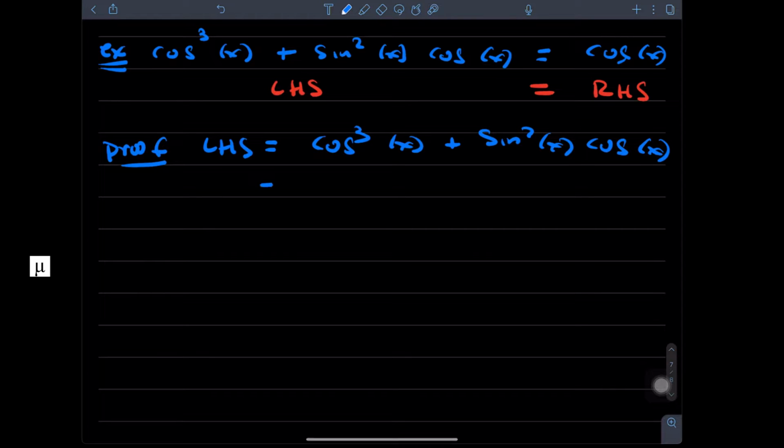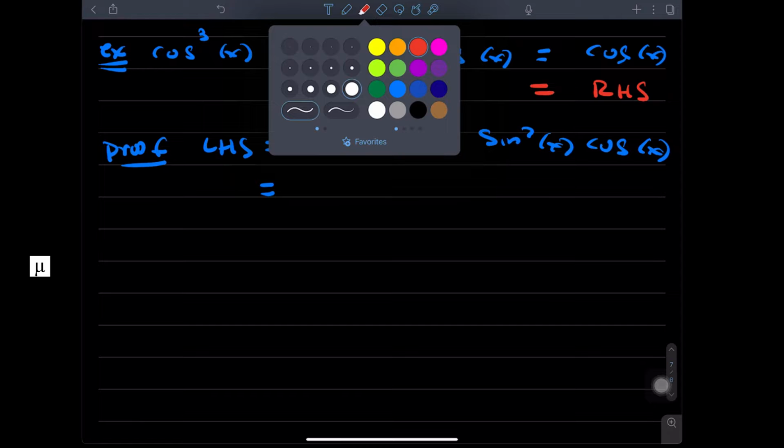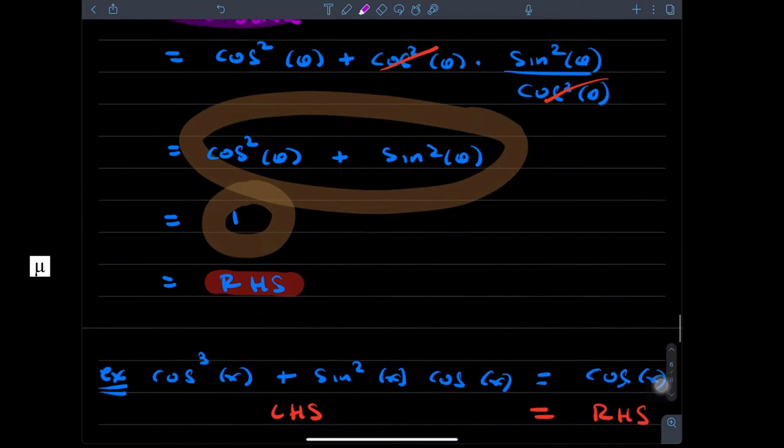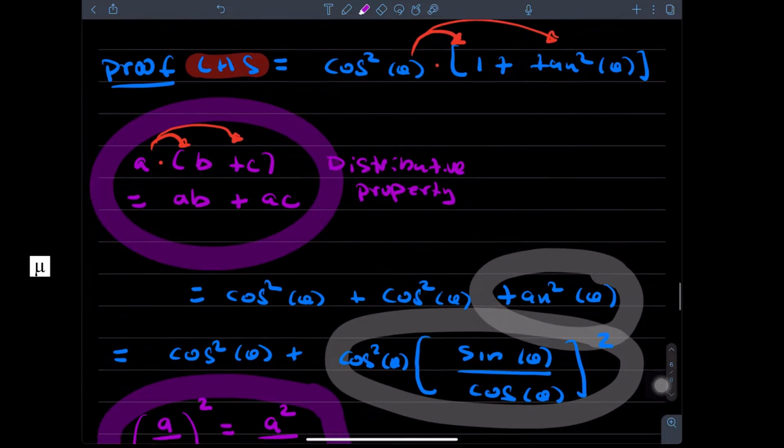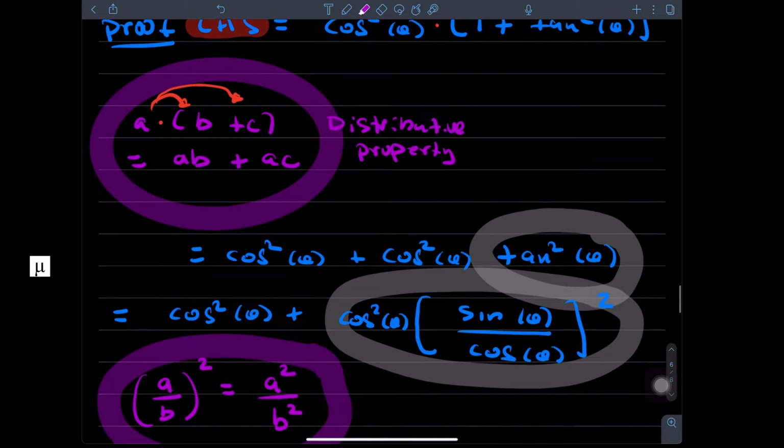Is that right? You guys okay with that? Okay. Does anybody notice something here? What could you do? In other words, isn't there something called the reverse of... Isn't this the reverse of what? The distributive property?